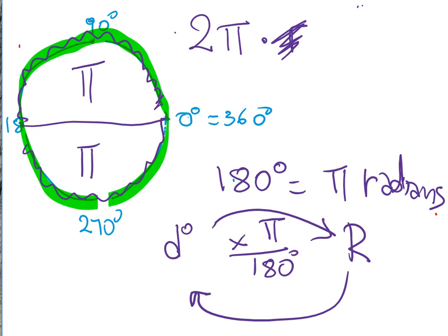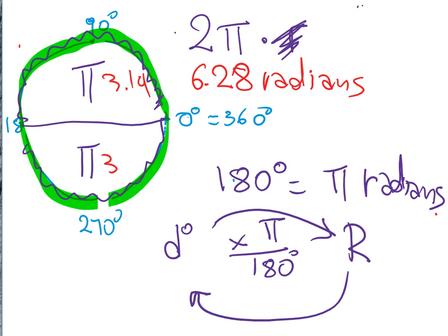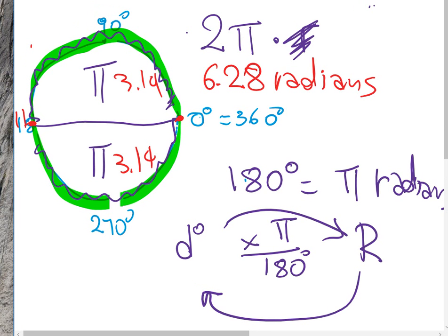This circle, or any circle in that regard, has 6.28 radians. Why? This is 3.14 and this is another 3.14. So actually, this is my 0 and this is my pi, and this becomes pi halved.